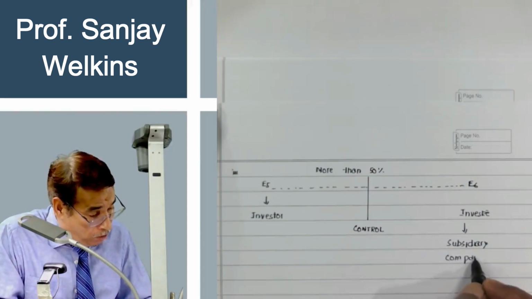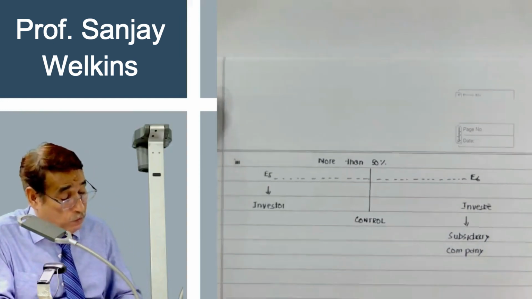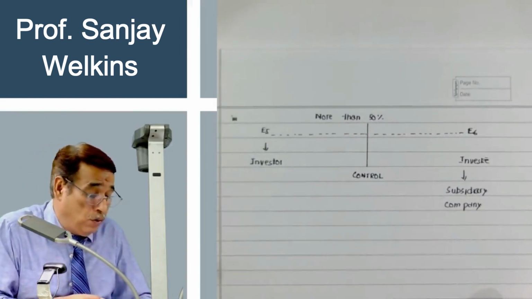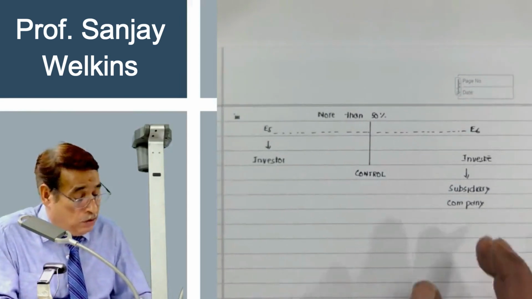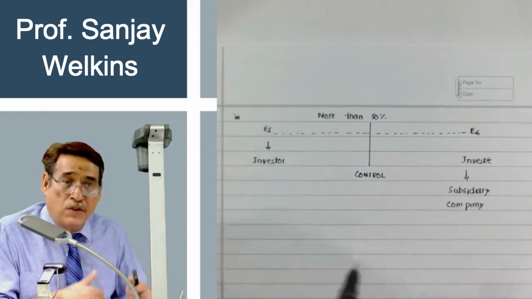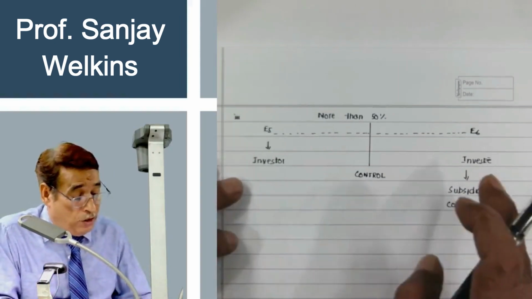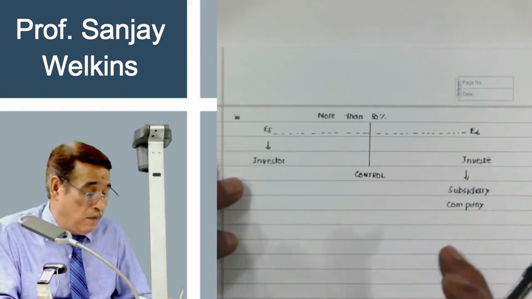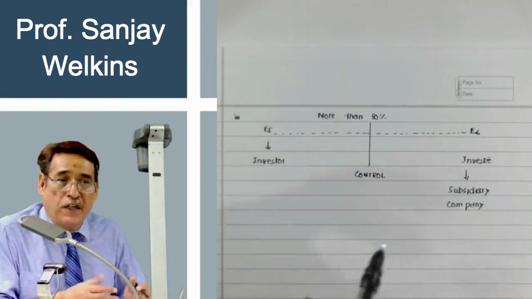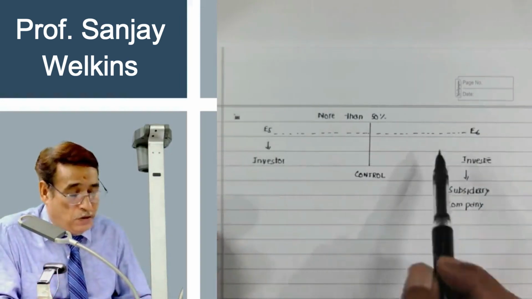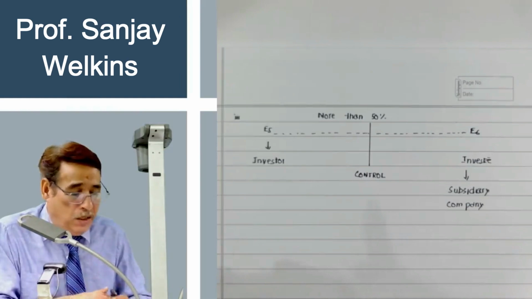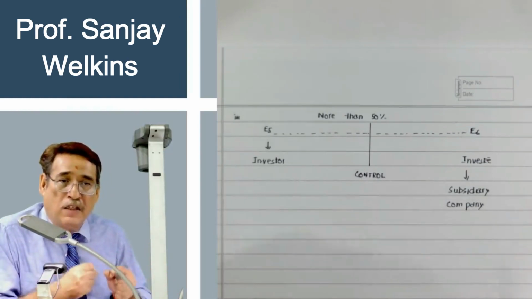This will be our subsidiary company because we have now acquired control over this particular company. So this company will have to obey our instructions and our terms. Whatever guidance we give to this company, it will have to follow, simply because we are holding more than 50% of its share capital. So we may say control is in our hand.